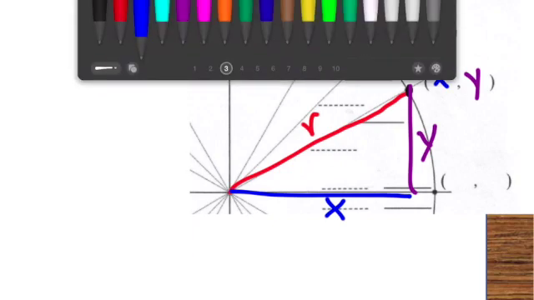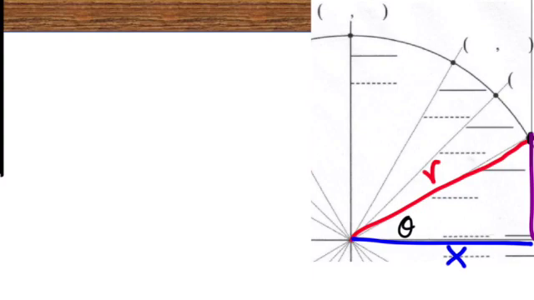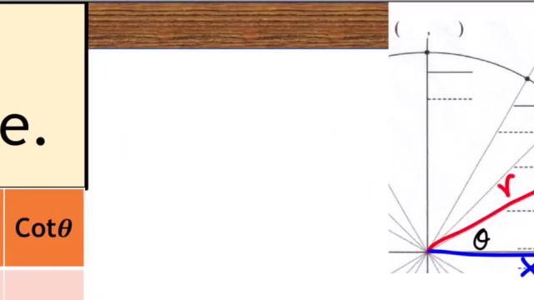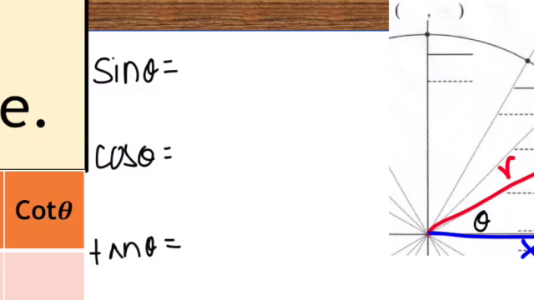So now, what if we were trying to find the sine, cosine, and tangent of this angle theta, whatever that angle is? So let's say I wanted to find sine of that angle, cosine of that angle, and tangent of that same angle. This is going to simplify a little bit.